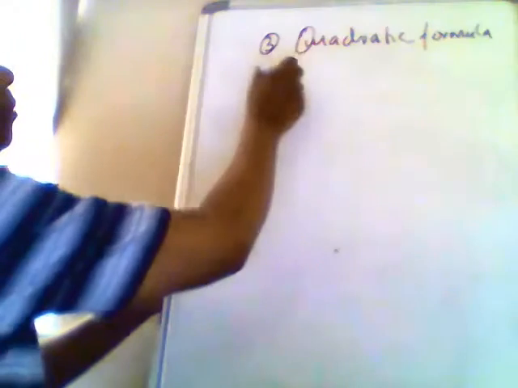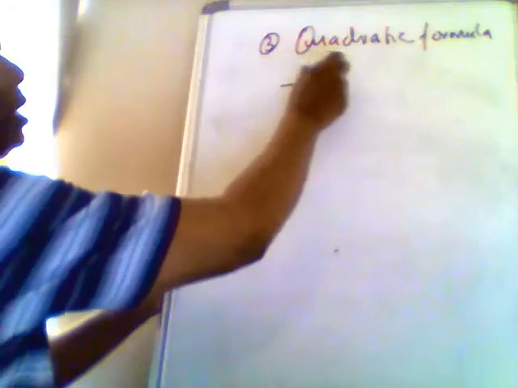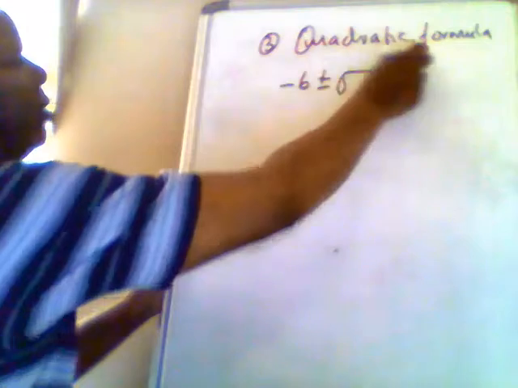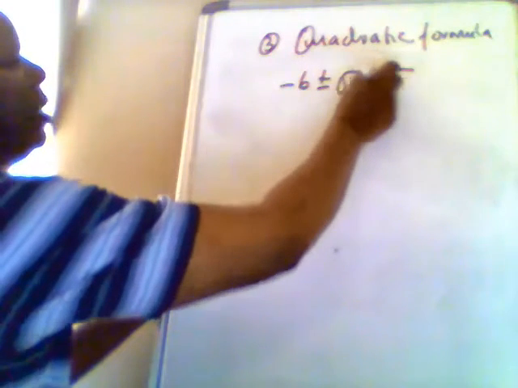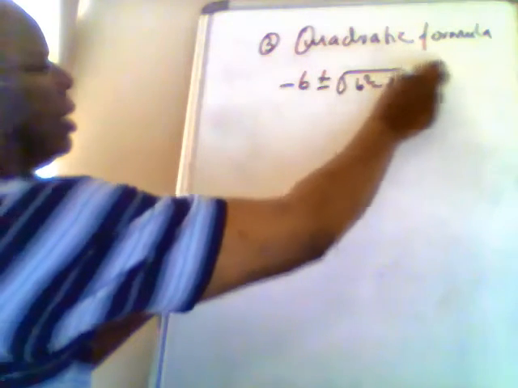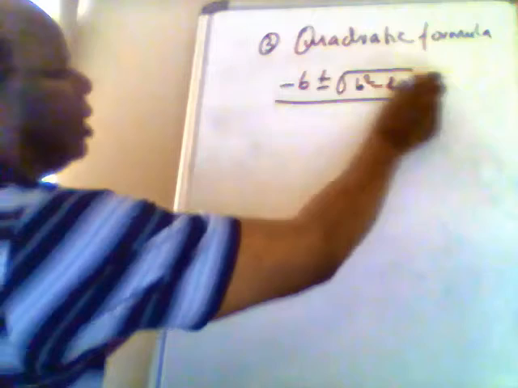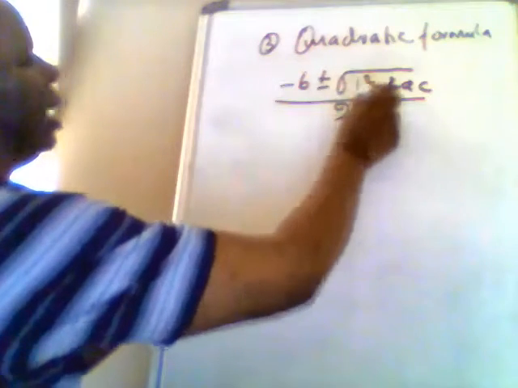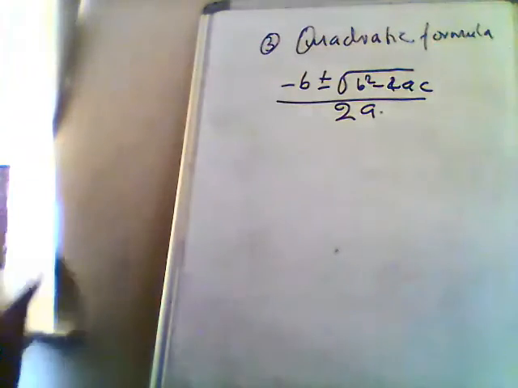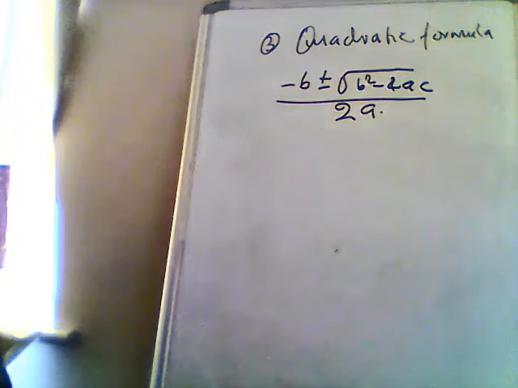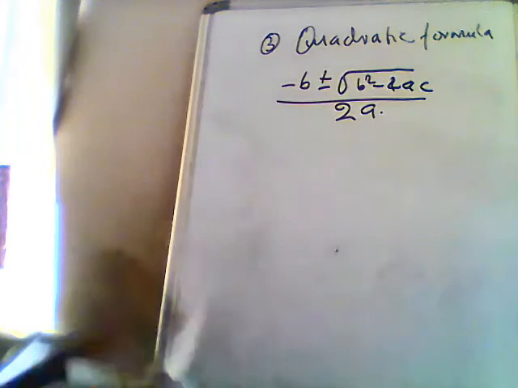It's going to be minus b plus or minus the square root of b squared minus 4ac, all of this divided by 2a, and this is the quadratic formula. I'll explain what each one of these actually means.